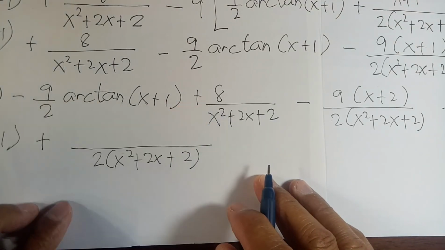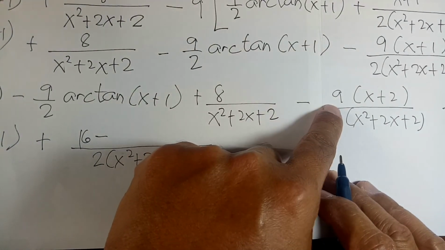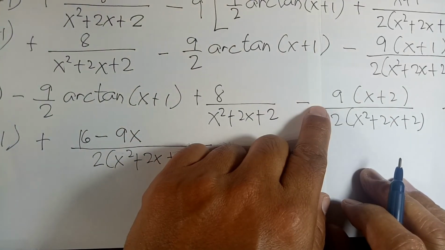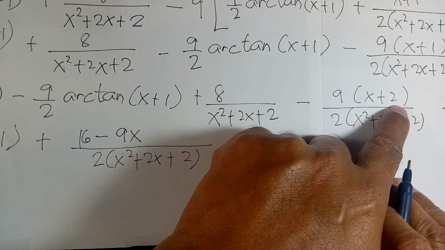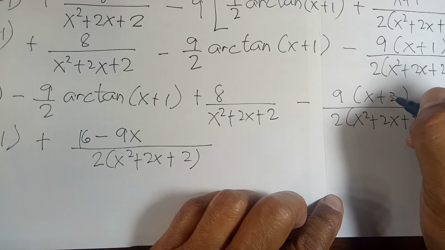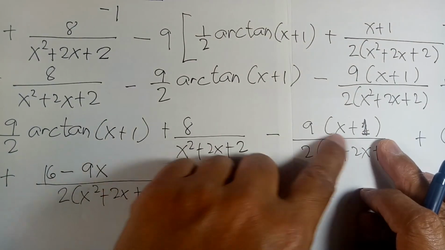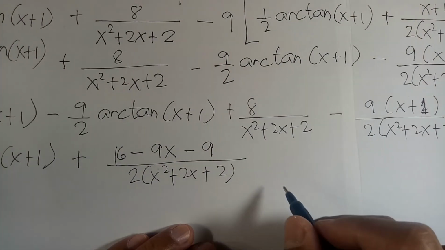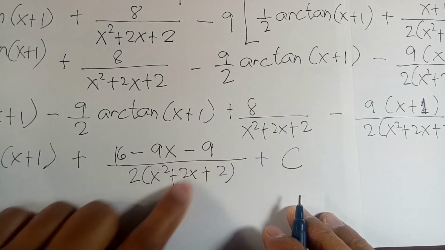So 2 times 8 is 16, so it becomes 16, and then minus. Negative 9 times x is negative 9x. Sorry, this is 1, not 2: x plus 1. So negative 9 times 1 is negative 9, so minus 9, and then plus C. So 16 minus 9 is 7.